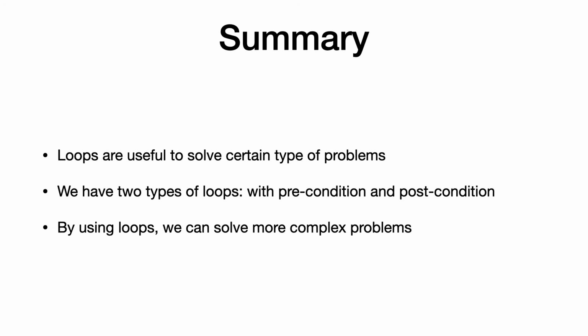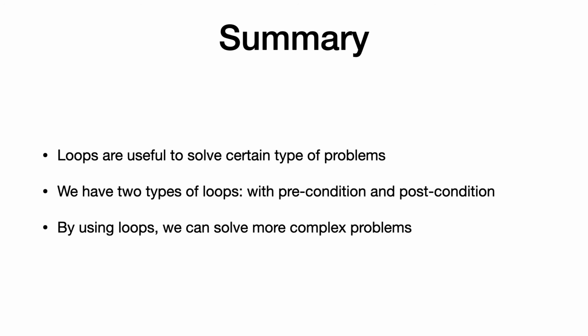We also must be very aware of this. We have loops with preconditions and postconditions. We use preconditions when we need our block of instructions to be executed only if the condition is met.